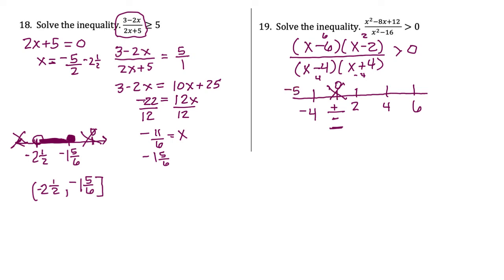So that's going to give me a negative times a negative, so that's a positive, over negative times a positive, which is a... did I do something wrong? This should alternate.